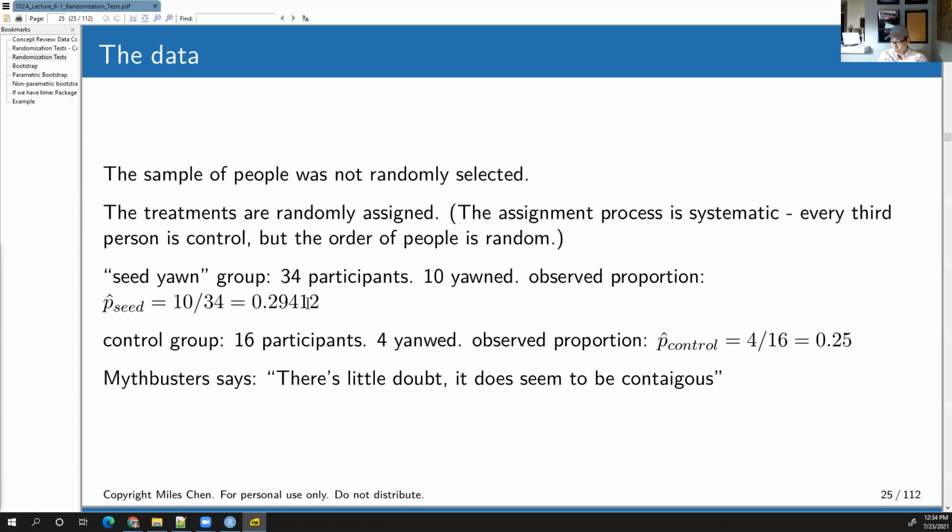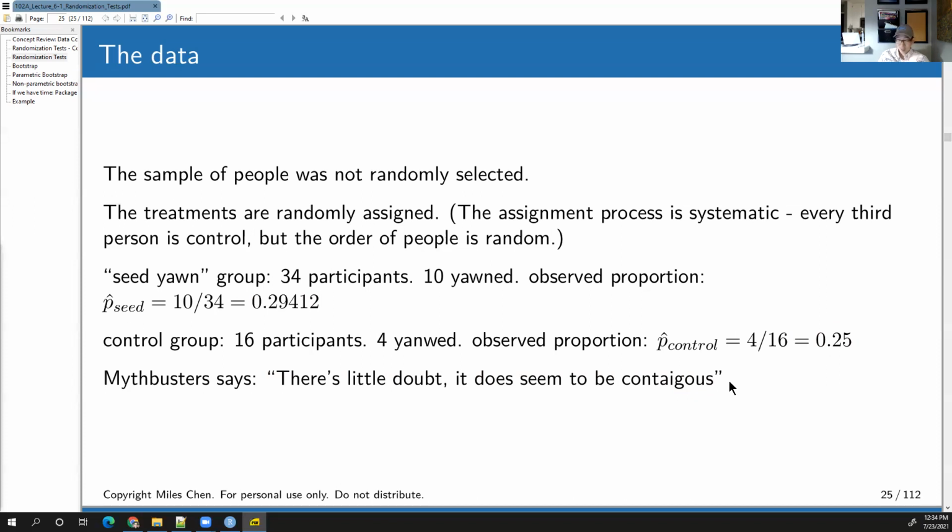This number is higher, 29%, versus only 25% in the control group. So they're saying that when you see someone else yawn, it increases your chance of yawning. The narrator says, there's little doubt it seems to be contagious.